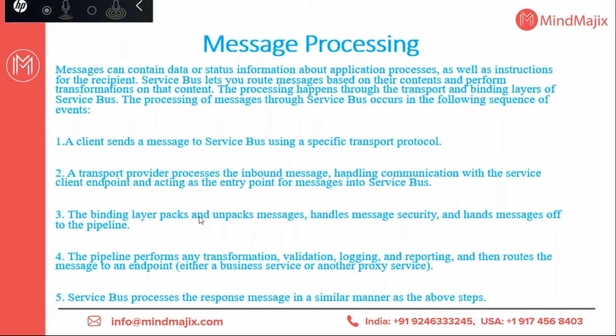The binding layer has two jobs to perform. One is to pack and unpack messages, and the other is to handle message security. What this means is that it has its own language: it reads the document and writes or packs it into a language which the pipeline can understand.